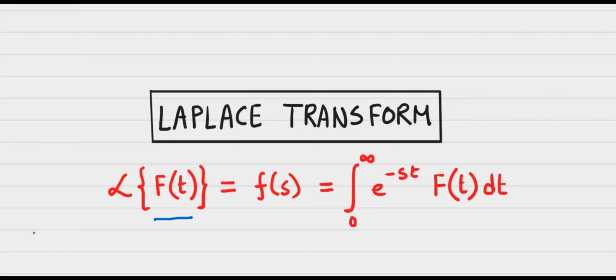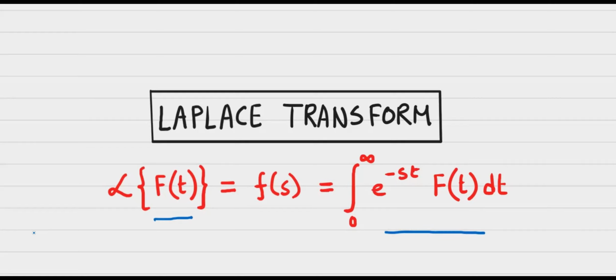The Laplace transformation, or this integral here, which is written as the integration of f of t multiplied with this function e to the power negative st, and then integrating it from 0 to infinity, will take us to another space, which is the space of variable s. And we get a new form for our function, which is small f of s. And this small f of s is what we dub as the Laplace transformation of capital F of t.